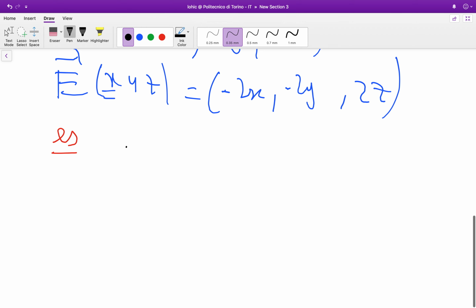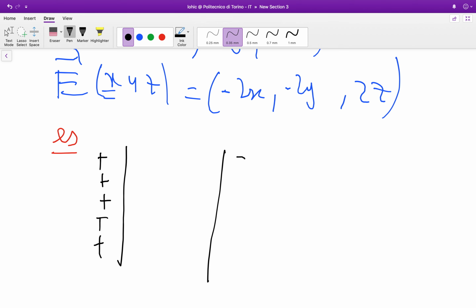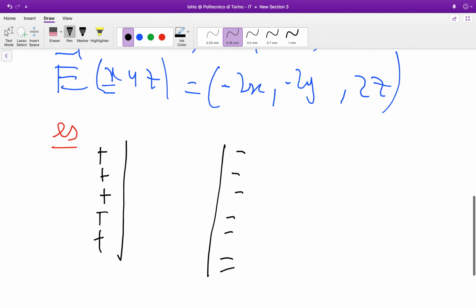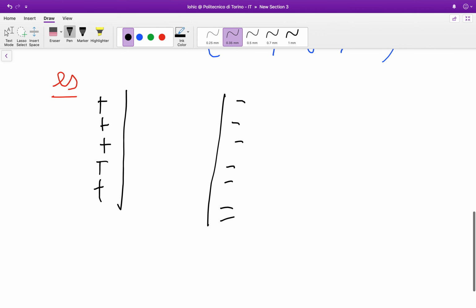If you have a positive plate here and a negative plate here, we saw that the field E between these two plates has a direction from the positive plate to the negative plate. Yes or not? We saw this.